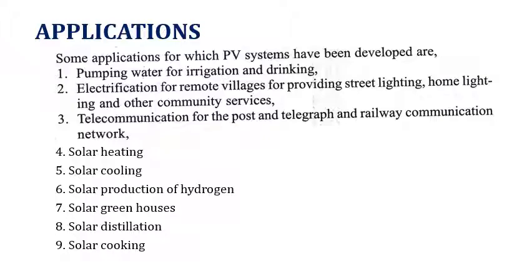Some of the applications where we can use PV systems are: pumping water for irrigation and drinking, electrification of remote villages for street lighting, home lighting and other community services, telecommunication for the post and telegraph and railway communication network, solar heating, solar cooling, solar production of hydrogen, solar greenhouses, solar desalination, solar cooking, or other applications.